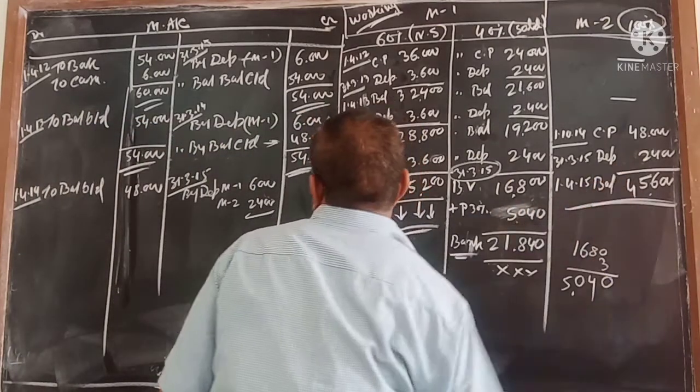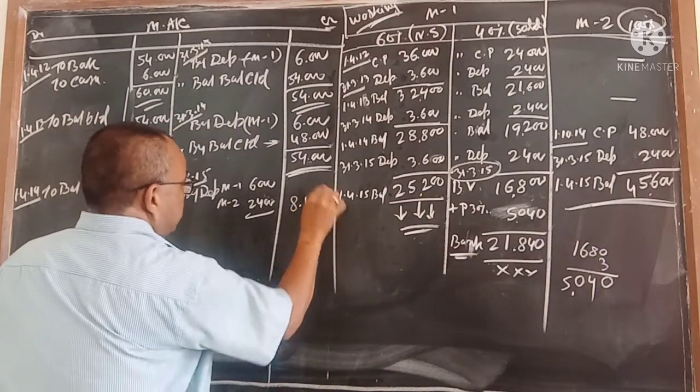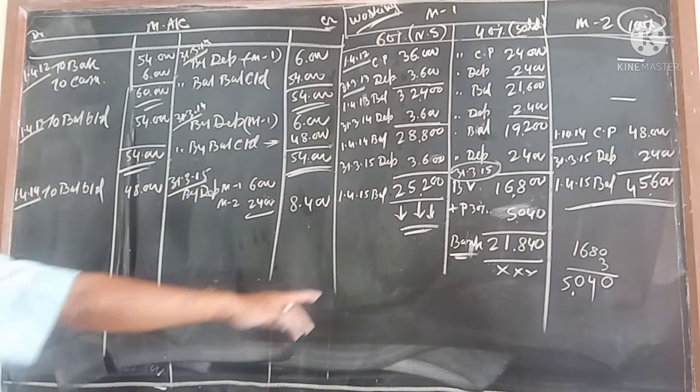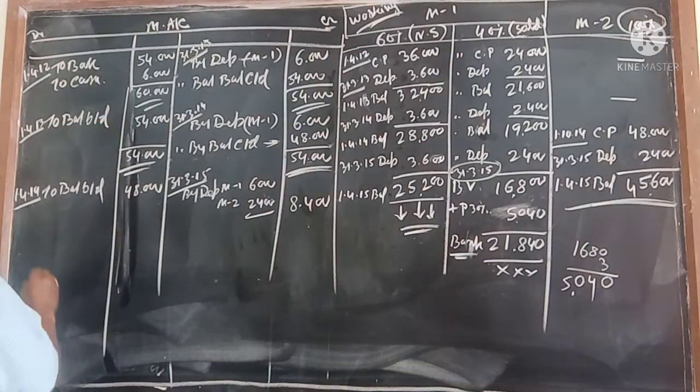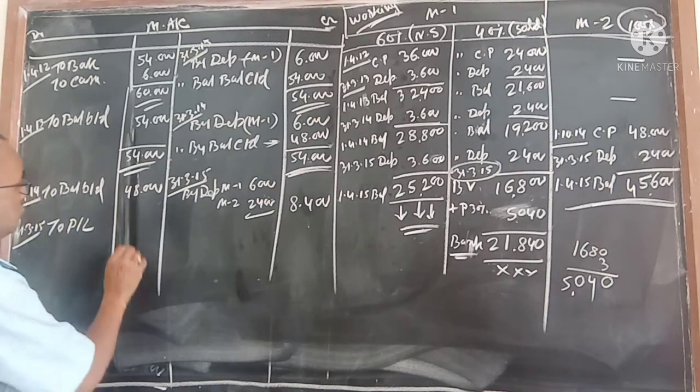So you are getting 8,400 depreciation. All the depreciation has come. Now the profit, this profit of 5,040, when will it come? 31st 3/15 to profit and loss. How much? 5,040.